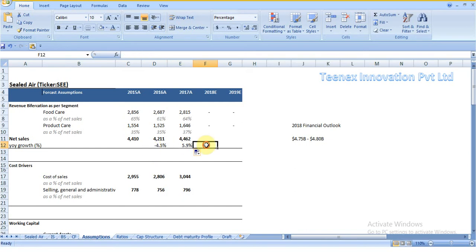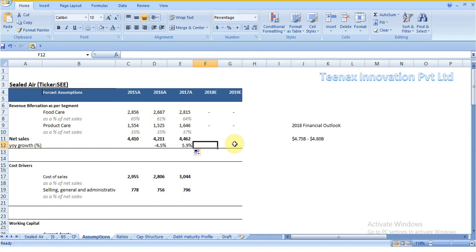Going forward for 2018 and 2019, how do we make an assumption and do the forecast? Here I want to highlight that for any company belonging to a specific industry, there are multiple things which play into forecasting. For example, in this case, Sealed Air, we know that this company is in packaging and it has two divisions.